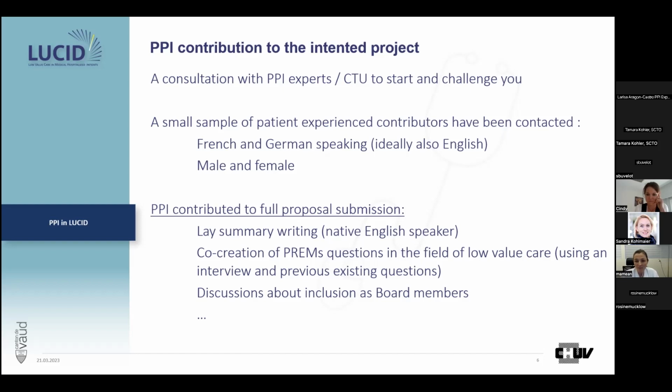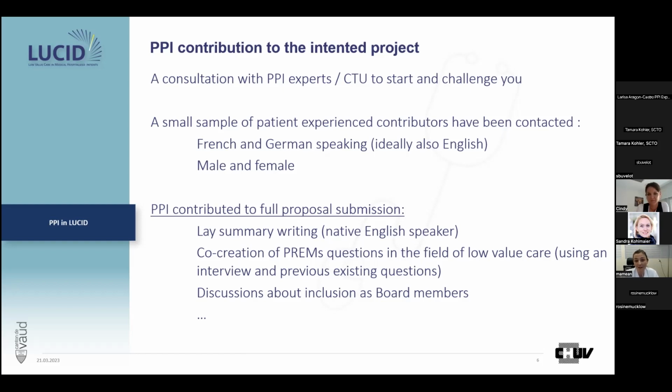At this phase, it was not so easy to find exactly the patients we needed. So we did with what we had. We were also criticized for this because we had mostly females of around 50 years old. So it was not the perfect sample, but this is also the reality.